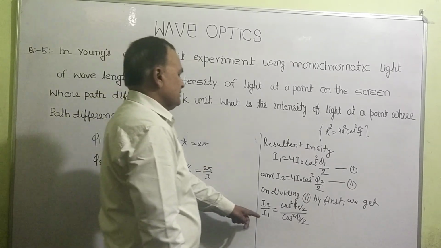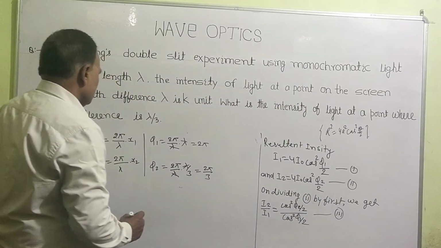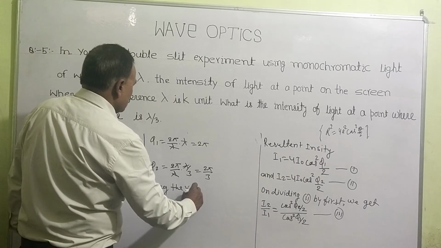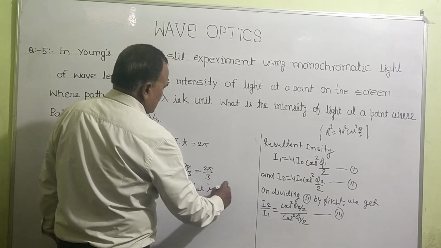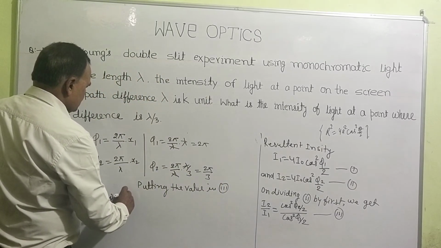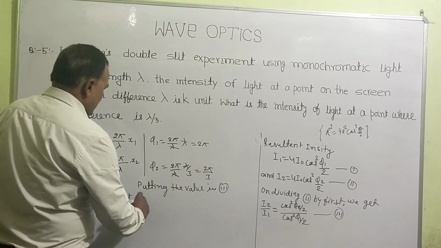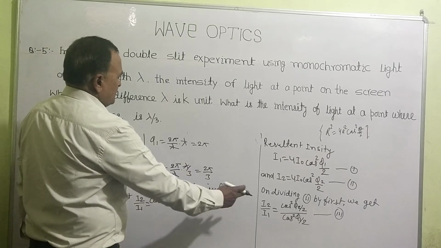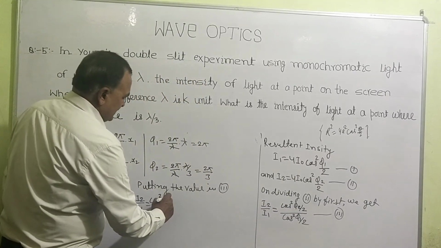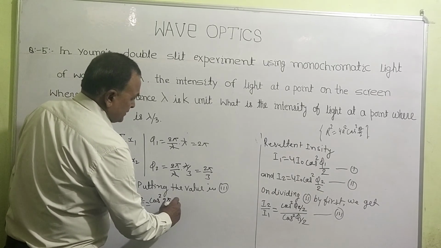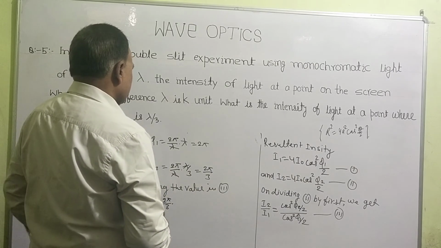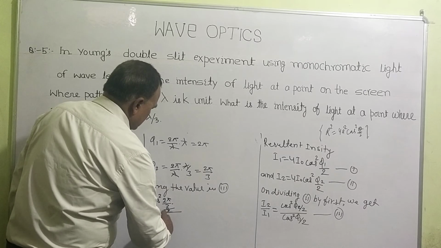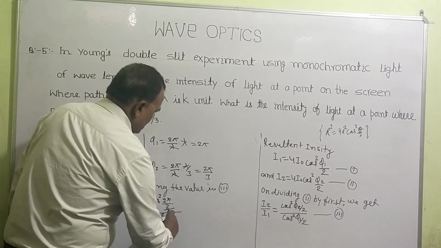Putting the values of phi 1 and phi 2 in equation three, we get I2 by I1 is equal to cos square of phi 2 by 2, that is 2 pi by 3 by 2, divided by cos square of phi 1 by 2, that is 2 pi by 2.